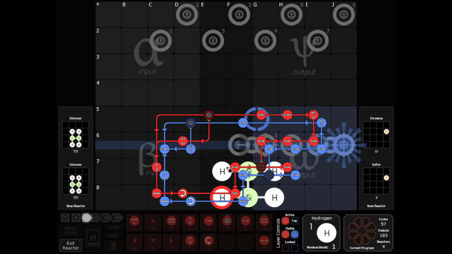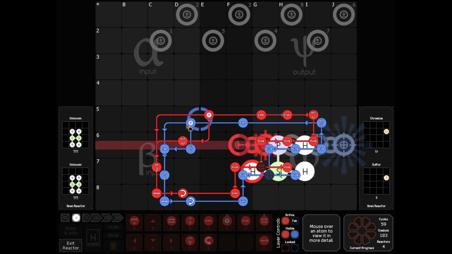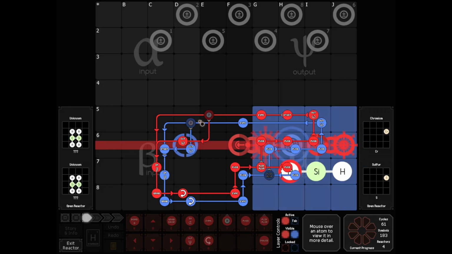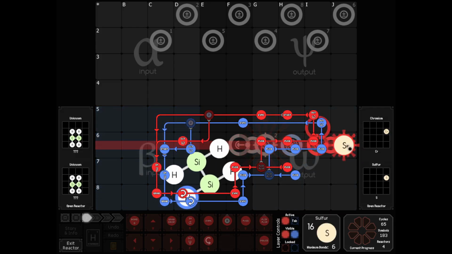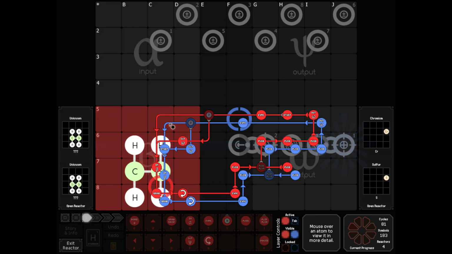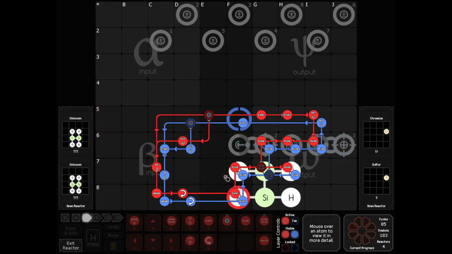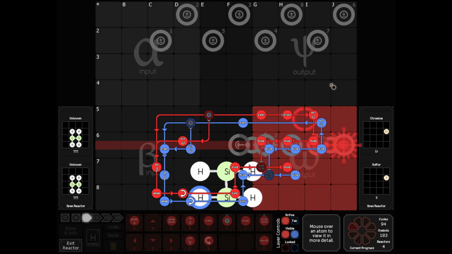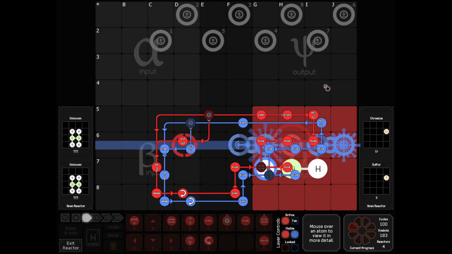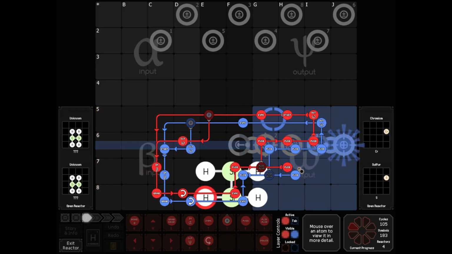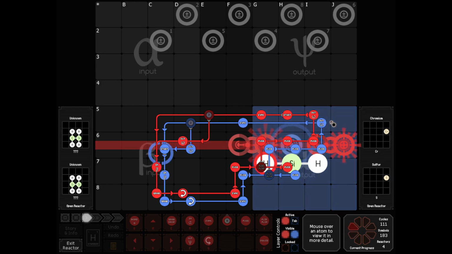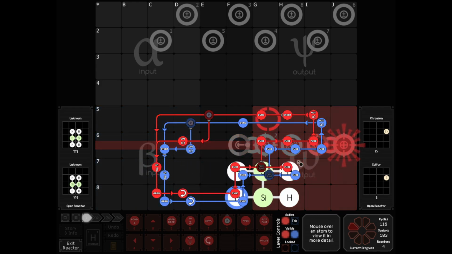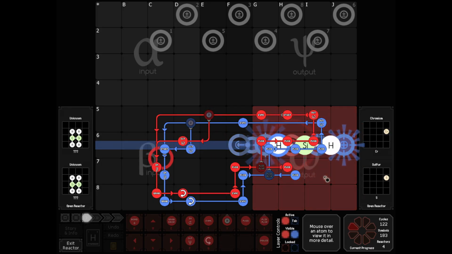So if it's two silicons, then this sensor up here triggers, outputting the atom as sulfur right there. And when it is this input, then no output happens and everything gets fused into chromium. So this doesn't have this awkward going around path that Big Mango had in the solution.